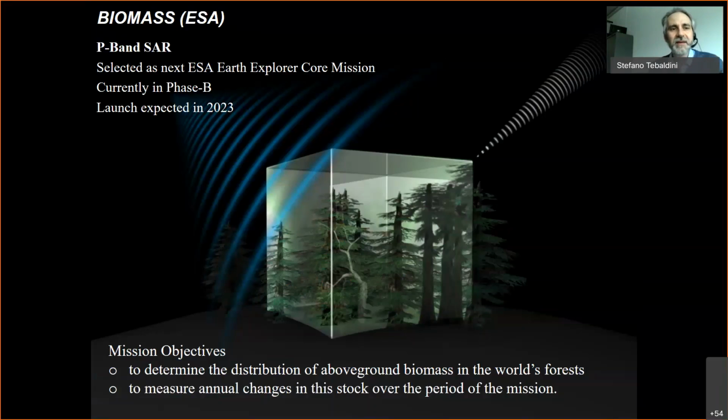The mission objective is to determine the distribution of above ground biomass in the world's forests and to measure annual changes in the stock over the lifetime of the mission. Importantly, for the lecture of today, Biomass will implement a dedicated tomographic phase for the first 14 to 16 months of mission lifetime.